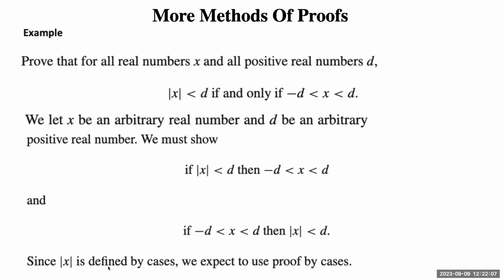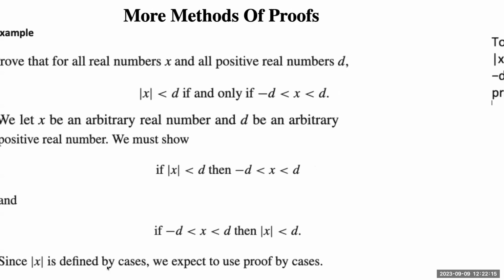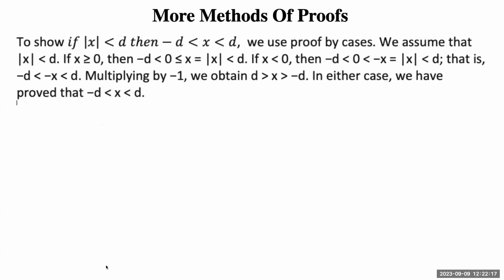Okay. So remember, absolute x is defined in terms of cases, right? So to show that absolute x is less than d, then x has got to be greater than negative d and less than d. Okay. So we assume that absolute x is less than d.